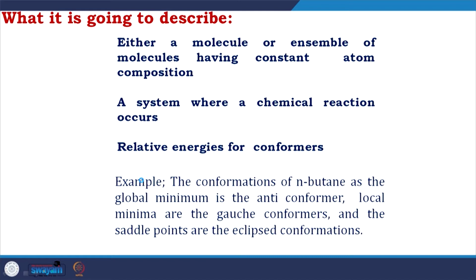The conformation of n-butane: the global minimum is the anti conformer, the local minima are the gauche conformers, and the saddle points are the eclipsed conformations. I hope you guys remember what they are talking about.